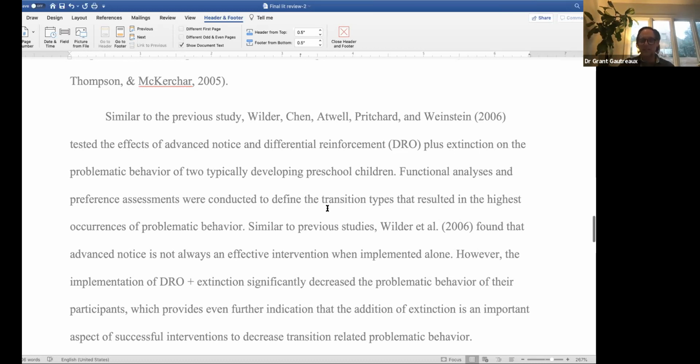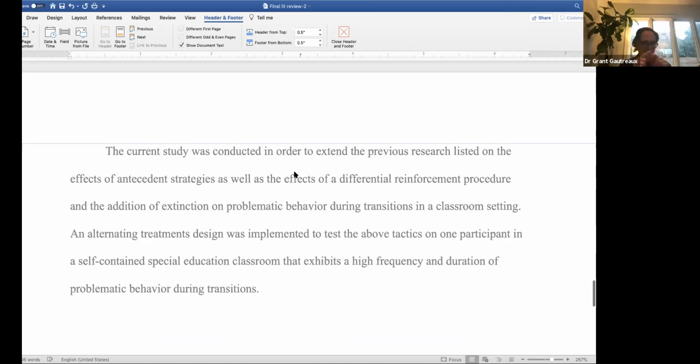And lastly, the current study was conducted, that's the tip of the triangle, in order to extend the previous research on the effects of antecedent strategies, as well as the effects of differential reinforcement procedure and the addition of extinction on problem behavior during transitions in a classroom setting.